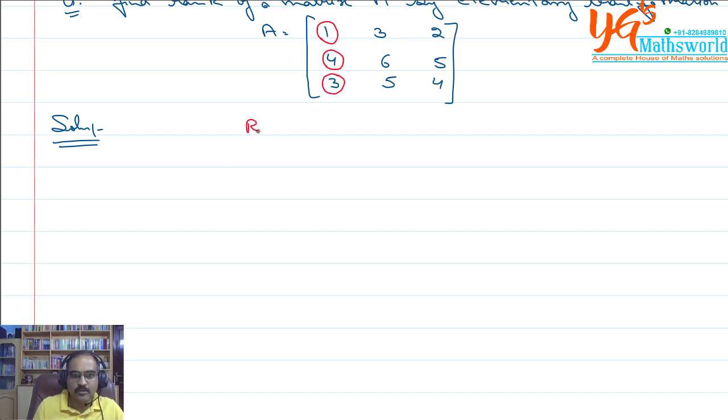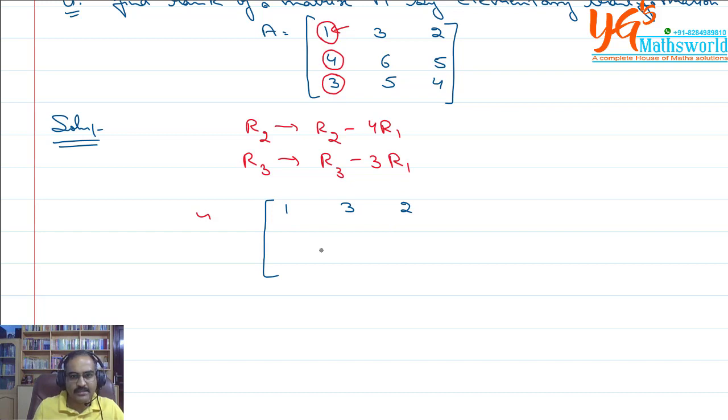So that means I am operating on R2, that is R2 minus, now I have 4 there, so I should multiply 4 with R1, and in case of R3 I have 3 over here, so 3 should be multiplied by R1. Okay, so the matrix reduces to 1 3 2, that will remain as it is.